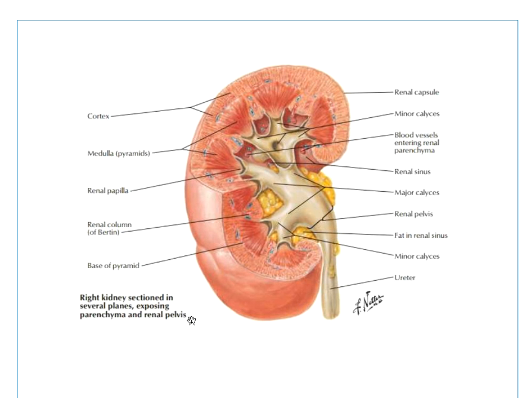The next image is showing the different parts on dissection of the kidney. We can see renal capsule, cortex, medulla, major calyces, minor calyces, and renal pelvis.